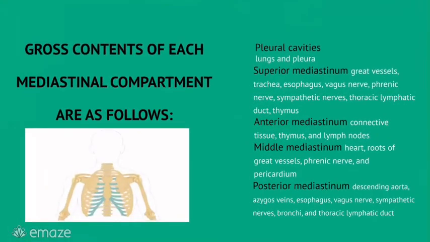Gross contents of each mediastinal compartment are as follows: lower cavity, superior mediastinum, inferior mediastinum, middle mediastinum, and finally posterior mediastinum. Lower cavity has the lungs and pleura. Superior mediastinum has the great vessels, trachea, esophagus, vagus nerve, phrenic nerve, sympathetic nerve, thoracic lymphatic duct, and thymus.